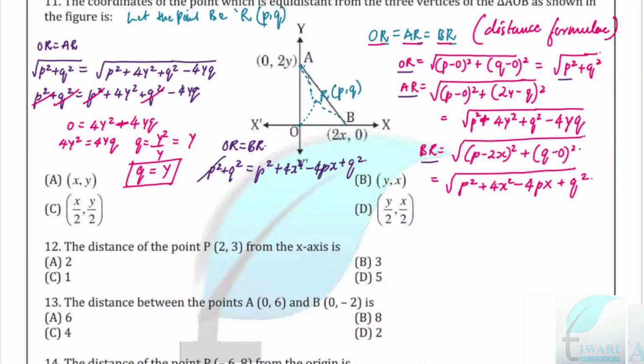So P square is gone, Q square is gone. What we are left is 4x square is equals to 4px. Here what we get is p is equals to x. So finally we got the coordinates of R: P is equals to x and q equals to y. So (x, y), option number A is the right answer.